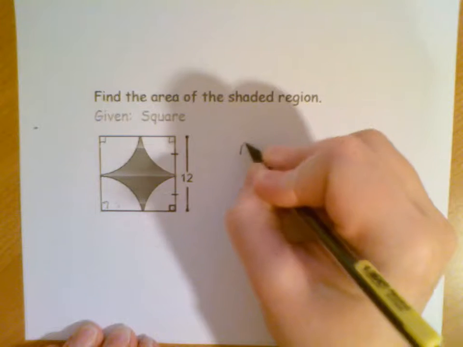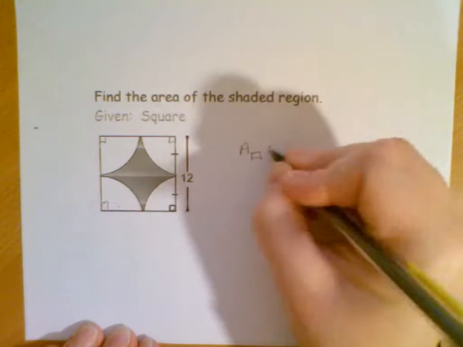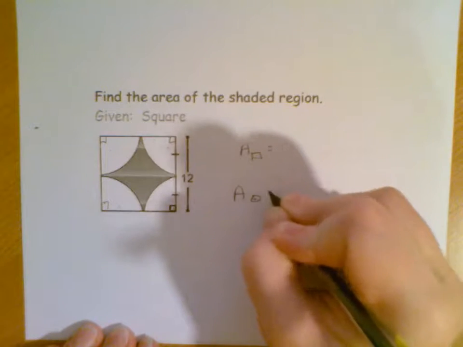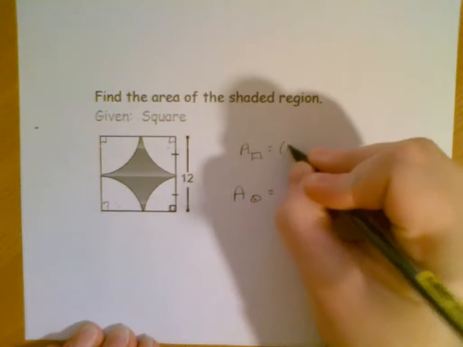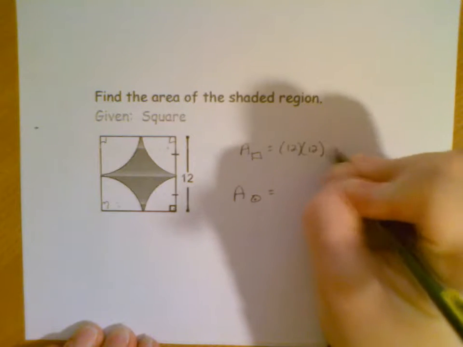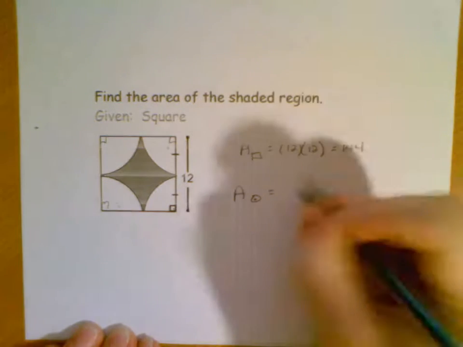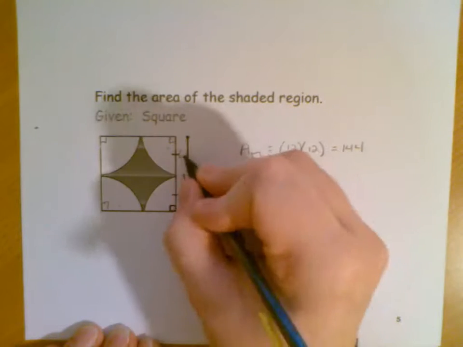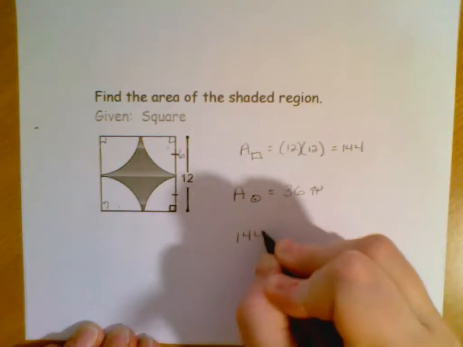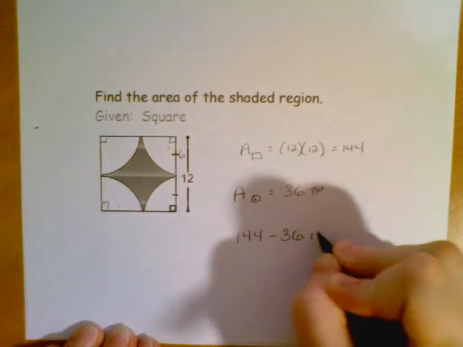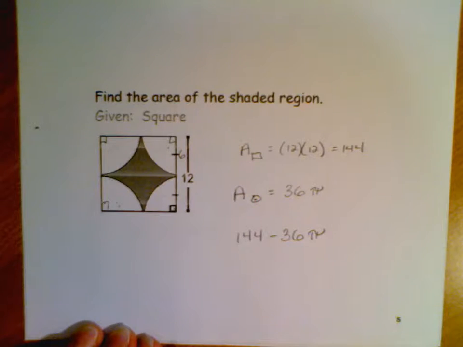So let's find the area of the square, and the area of the circle, and we'll subtract them. Area of the square is 12 times 12, so that's 144. Area of the circle, so this is 6, so that's 36 pi. So 144 minus 36 pi.